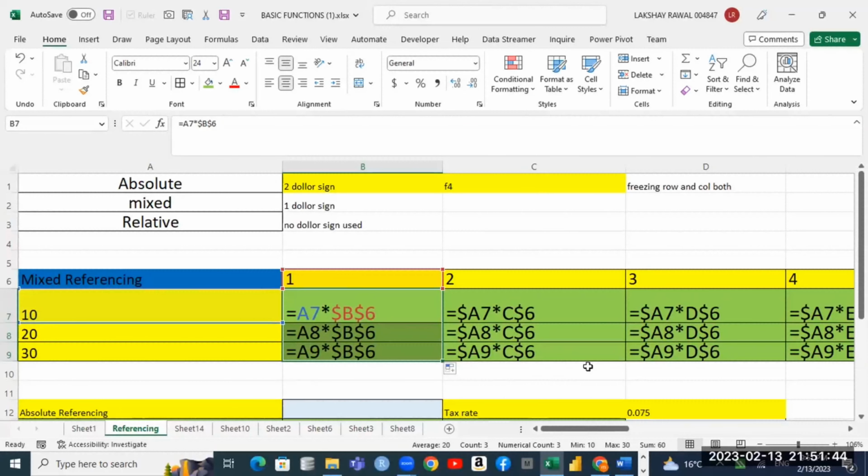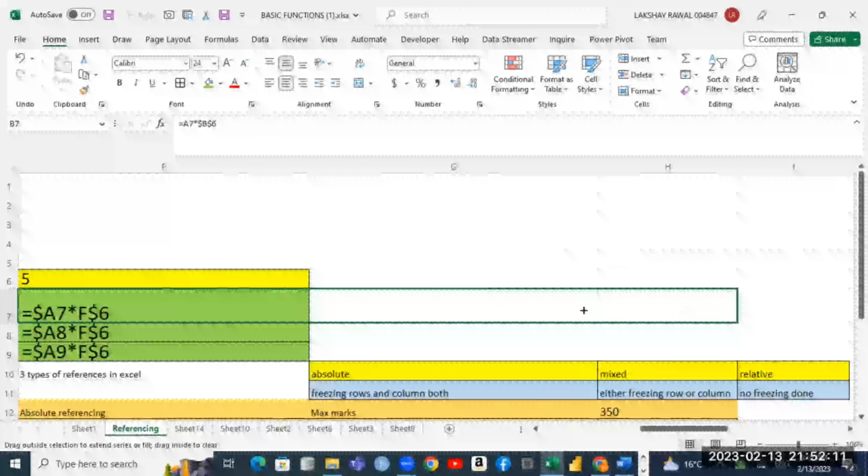That means 10 ones are 10, then A8 multiply B6, 20 ones are 20. A9 multiply B6, 30 ones are 30. What is the problem? In this case, it is fine.